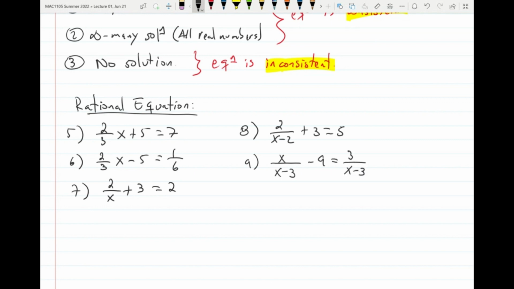So for example, 7, 8, and 9 are no longer linear equations, but they are rational equations, okay? But what happens is that we're going to do something that's going to turn these equations into linear equations, okay? So the way you solve this is you do something to this, it's going to turn them into linear. Sometimes you could get something quadratic, but in these examples, we get linear. So we do something to this to change it into linear, and then we solve it like a linear equation, okay? As you will see.